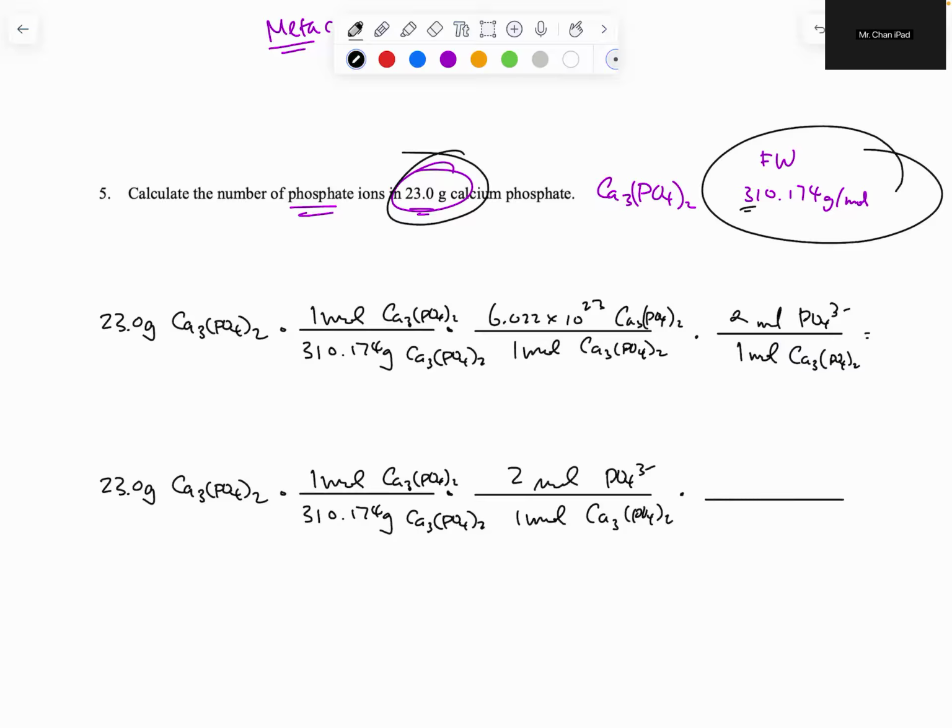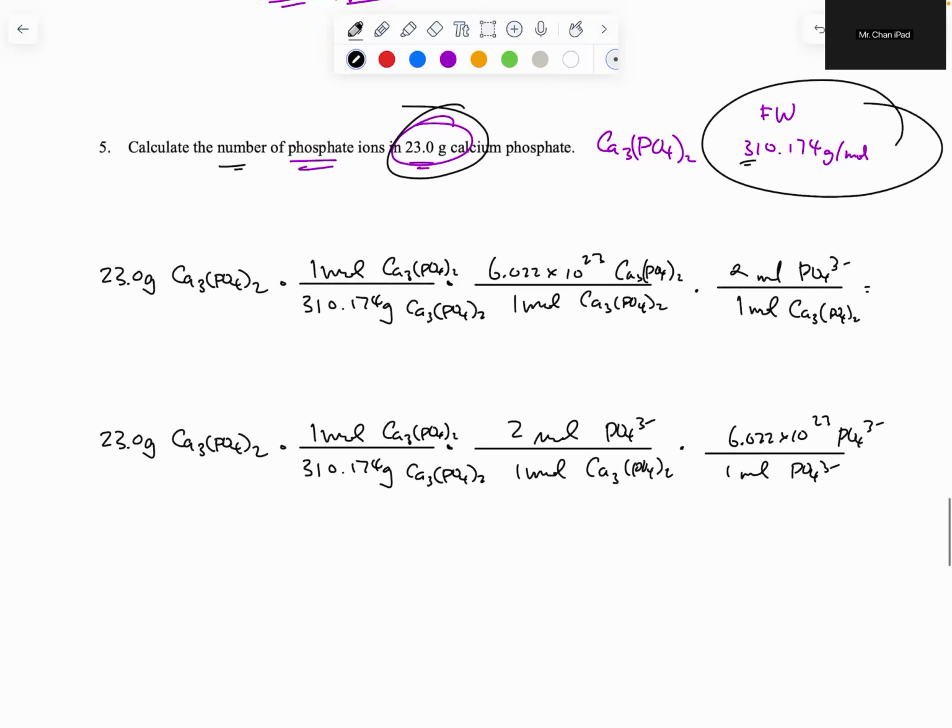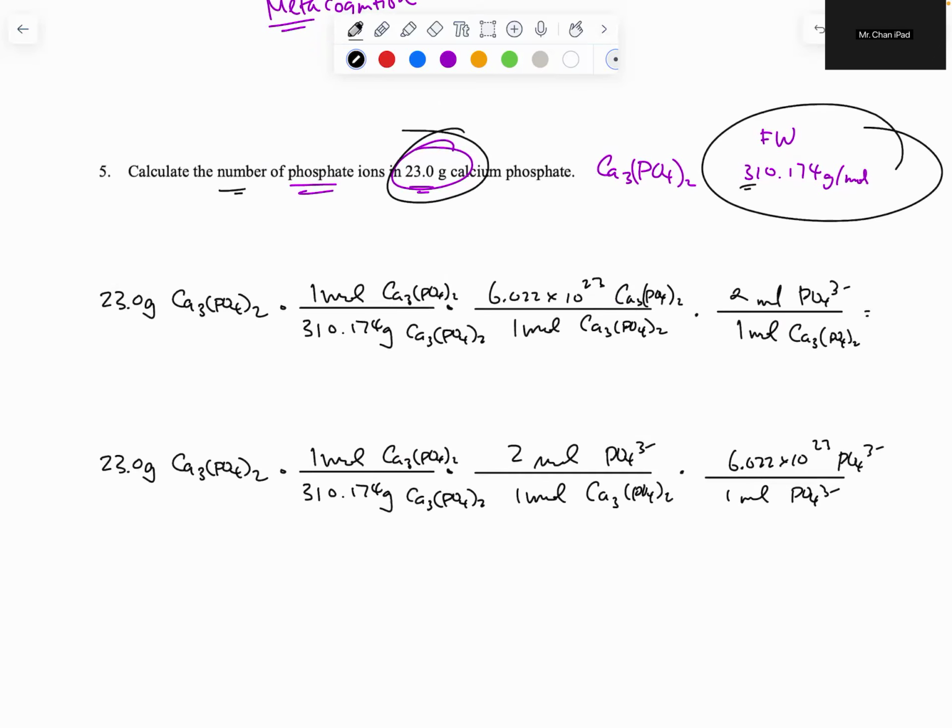And then that will still be in groups, but we don't want groups, we want the individual. And then you go ahead and find out the number of individual phosphate. All right? The math is the same, but the thought process is slightly different, but they yield the same answer. And like I said, you take care of 1 fraction at a time.